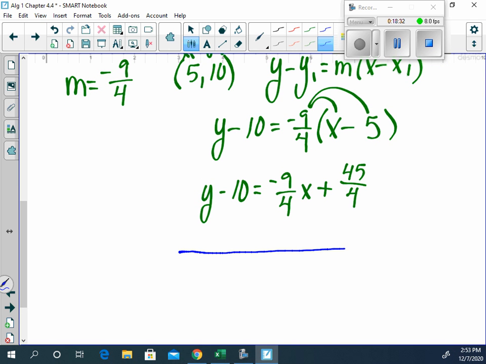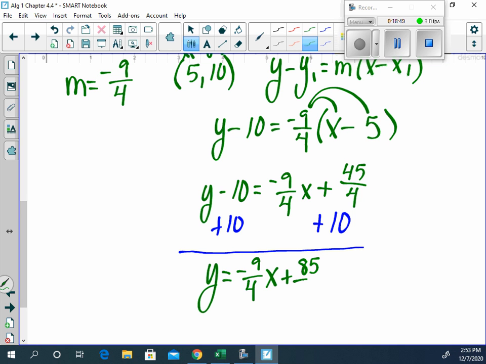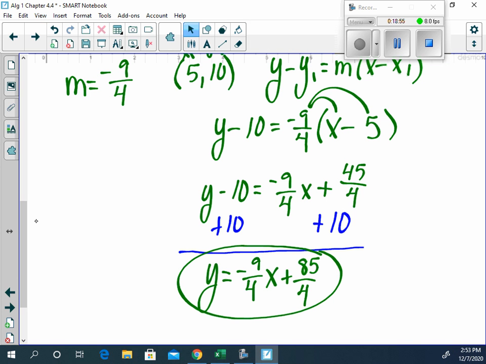In most real-world examples, we don't get the nicest numbers. And to get our final equation, we have to add 10 to both sides because we want y by itself. And this here is an equation that will closely represent the data, hopefully. But that's it.